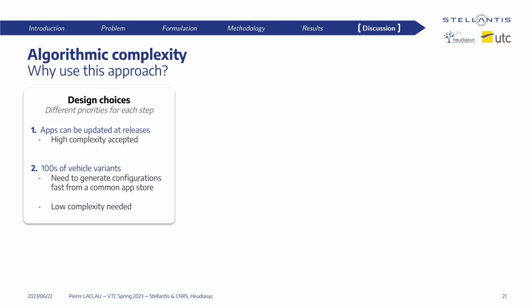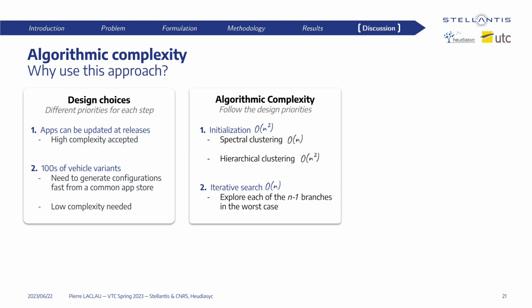When you have an app store, we can imagine that we do releases, and so we periodically run the initialization again. However, since we have a lot of vehicle variants, it should be relatively fast to generate the configurations for every vehicle and then deploy them in real life. This is why we have an initialization step that has a relatively high complexity.